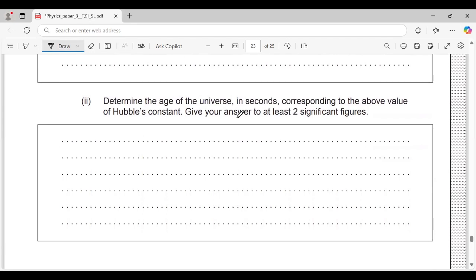Determine the age of the universe in seconds, corresponding to the above value of Hubble's constant. Give your answer to at least two significant figures. We're going to use the formula t0 equals 1 over H0. But we have to convert H0 into per second first.